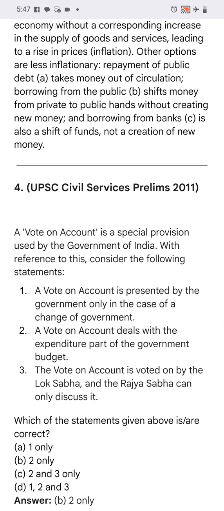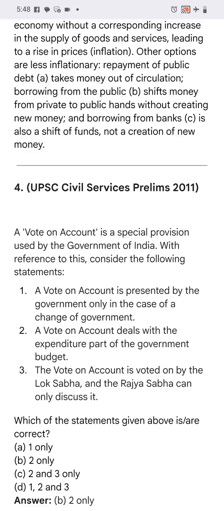A vote on account is a special provision used by the Government of India with reference to the cash and expenditure statements. One: a vote on account is put to the government only in the case of change of government. Two: a vote on account deals with the expenditure part of the government budget.